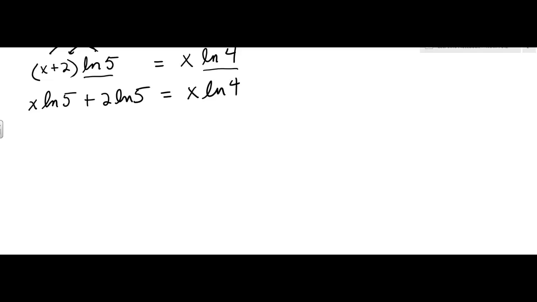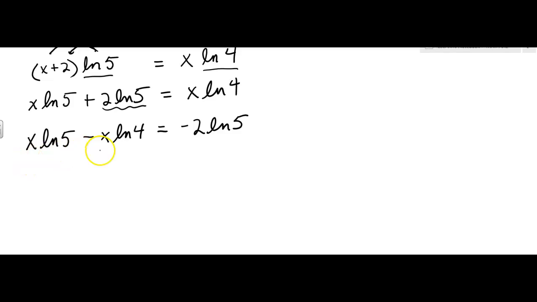So I'm going to put my x terms on the left. I'm going to put the term that does not have x on the right. Now, if you were thinking, oh, I wanted to put the x terms on the right, you could do that. I just chose to do it this way.